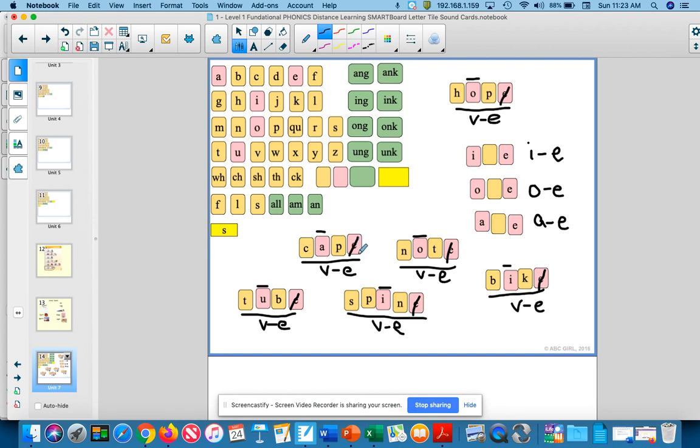So really focusing on how that E changes our vowel sound to a long sound, and also paying attention to those markings. Long vowel at the top, a line to mark it, cross out your E, underline the word, V, consonant, E. The third thing we learned is the K sound. I could have pulled a C or I could have pulled a K. But as I told you, when we're working with the magic E and you hear the K sound, you're going to pull the K tile or write the letter K.